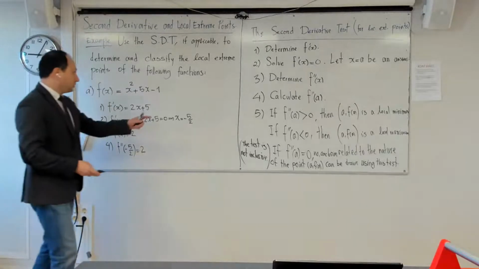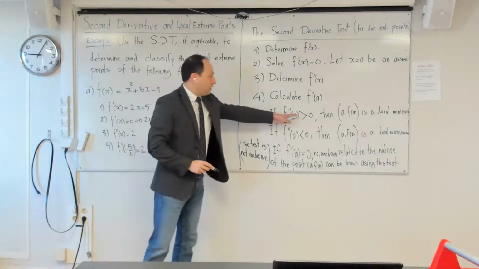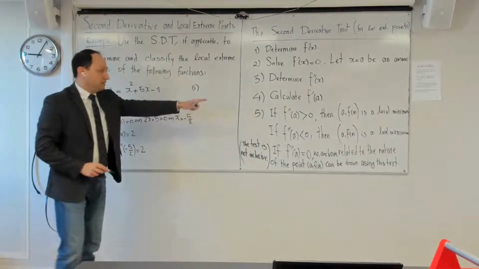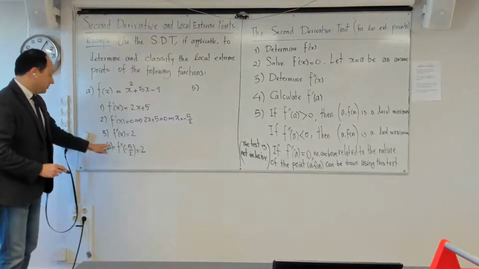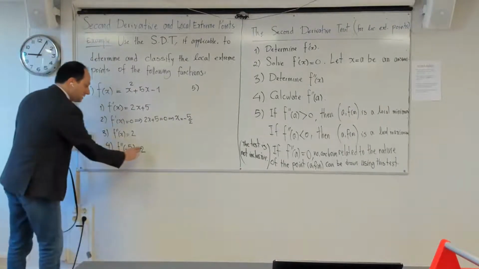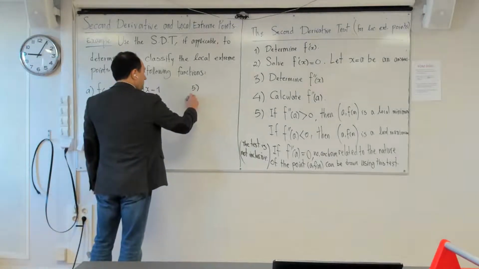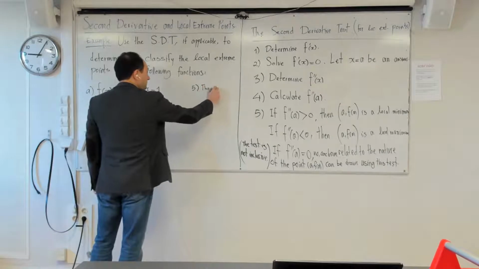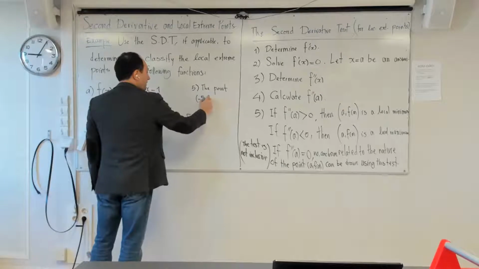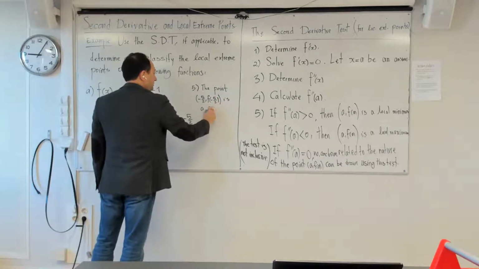And now I go to the fifth step. If f double prime of a is positive, then it is a minimum. If it is negative, it's a maximum. So you see that the second derivative is positive. So I would say that the point minus 5 over 2 and f of minus 5 over 2 is a local minimum.